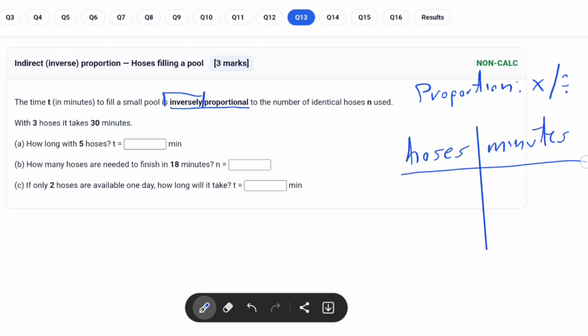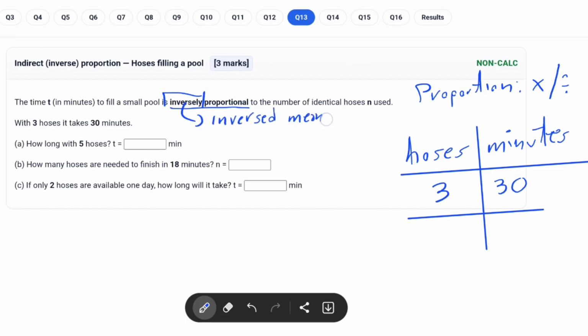In this case, we're going to be doing 2 columns, and on one side we're going to be writing houses and on the other one minutes. And we're going to fill up with what they give us. 3 houses take 30 minutes, and we're going to be doing a couple of rows because it gets easier if we represent this on a table.